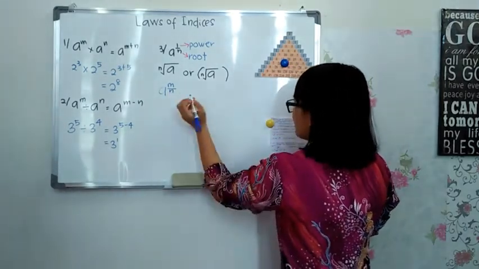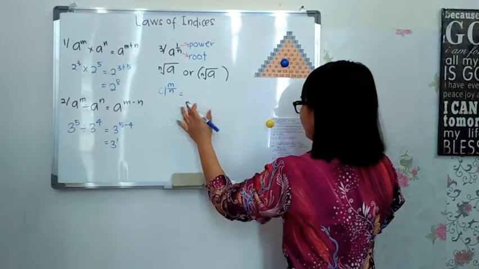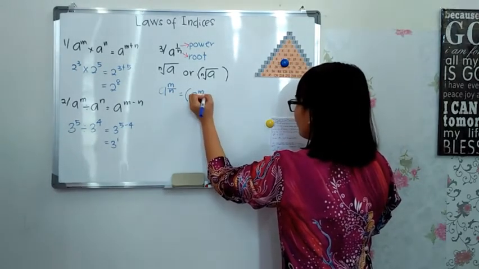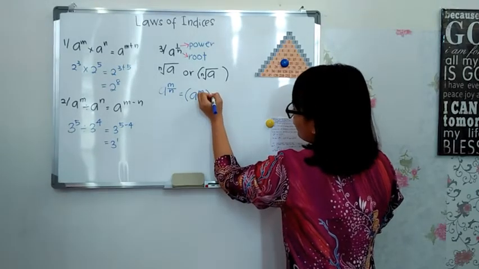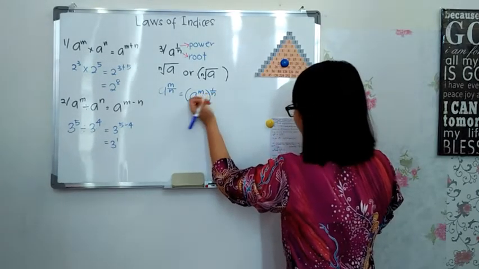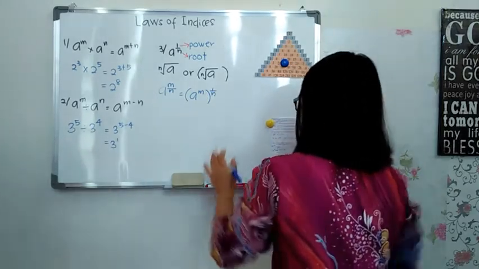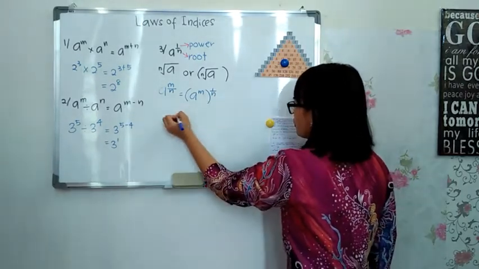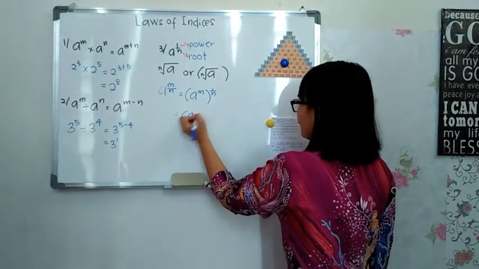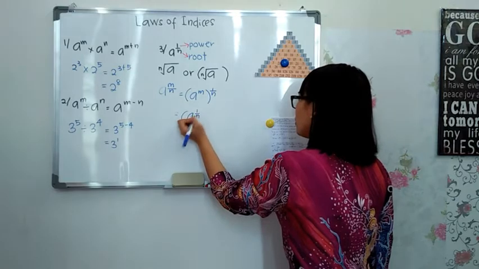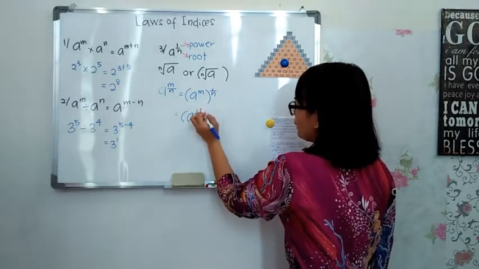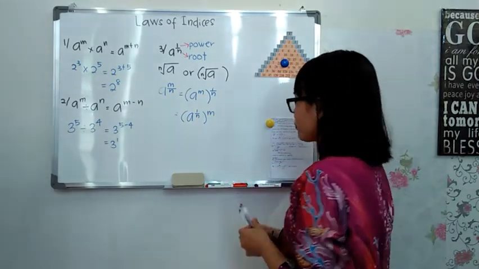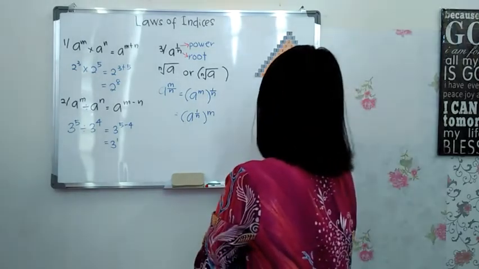We will get bracket a to the power of 1 over m, or n, with the power of n.